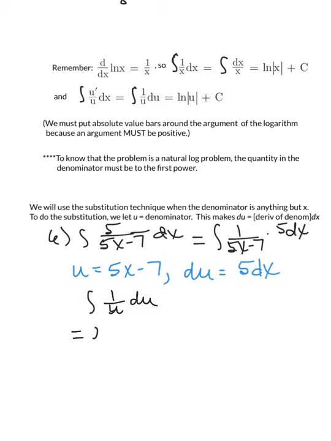So my answer will be the natural log, the absolute value of u, plus c. Remember, those bars have to be there, and that's to show that that argument has to be positive. We take out the u and replace it with what it was originally, 5x minus 7 plus c.